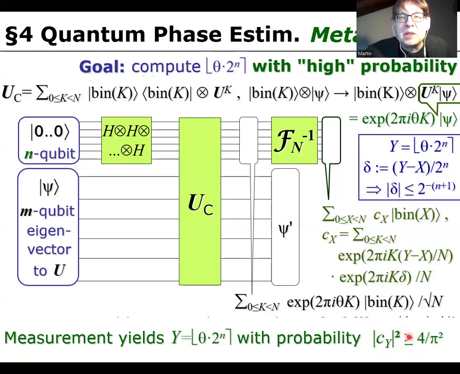And the worst case is when delta is equal to 2 to the minus n plus 1, and then it's 4 over pi squared, which is a little bit more than 40%.